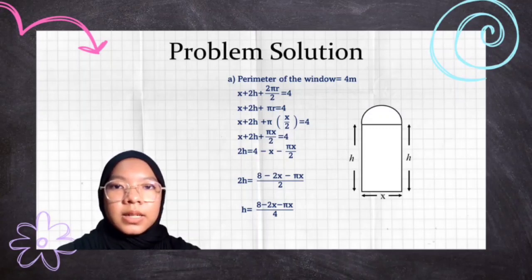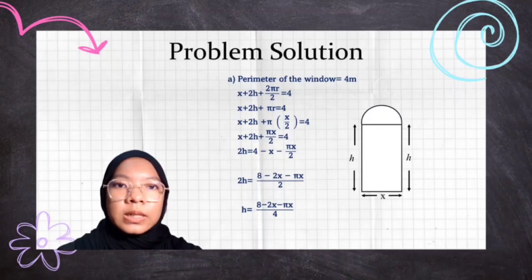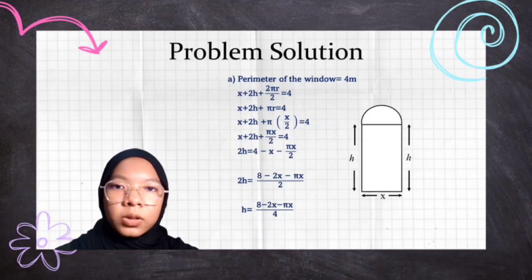Since r is radius, but the question only gives diameter as x, we change the pi r into pi times x over 2. It will be x plus 2h plus pi x over 2. Then we move x and pi x over 2 to the right so that we only have 2h on the left.